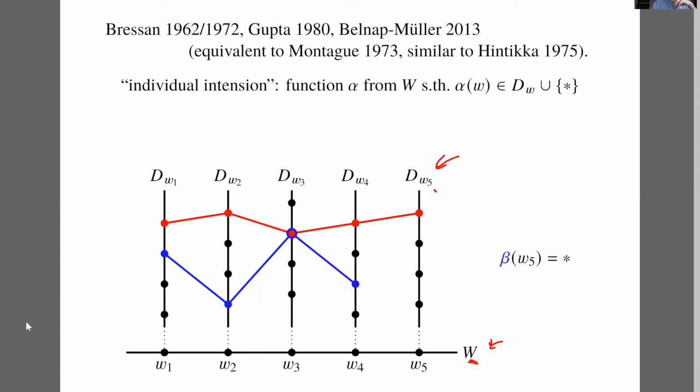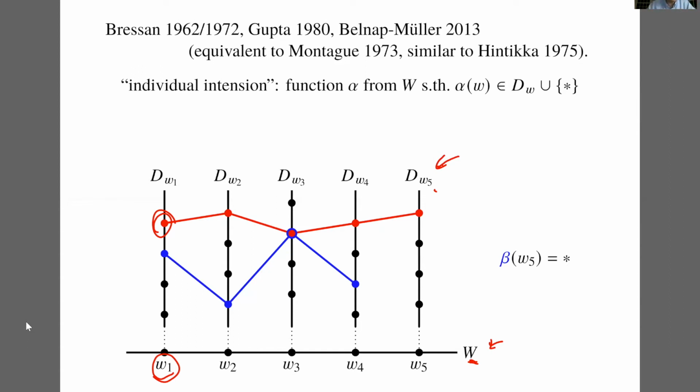So this red one is an individual intention. That is a function that, given a world, assigns something in that world as the extension of that intention in that world, and so on.